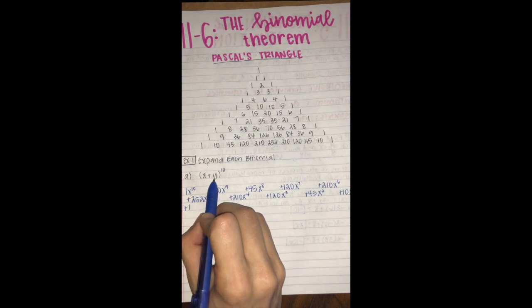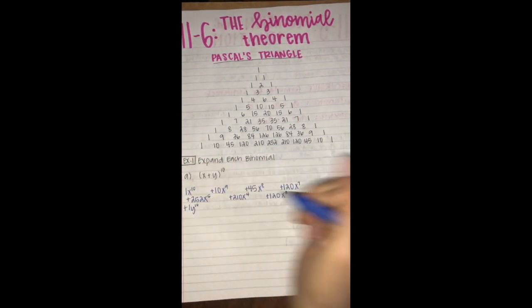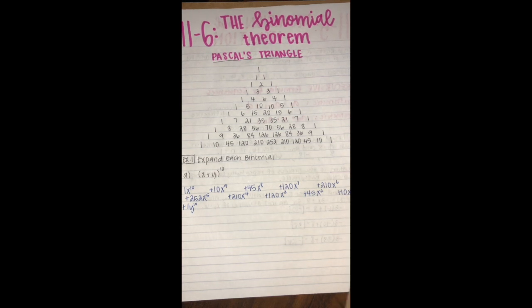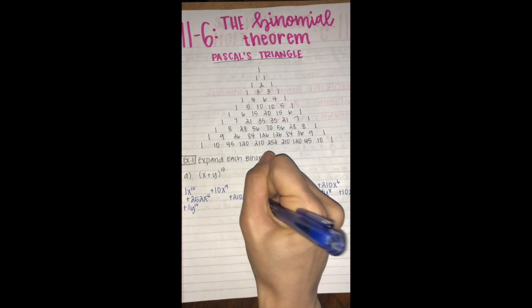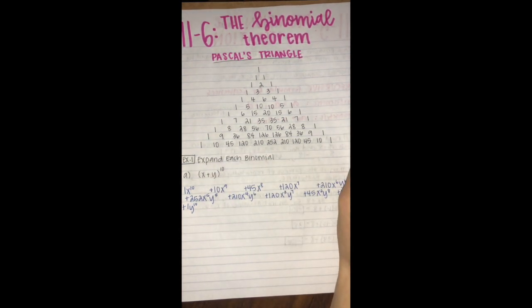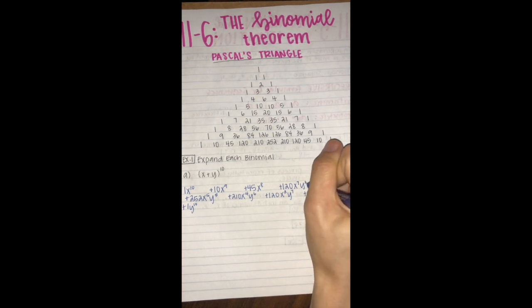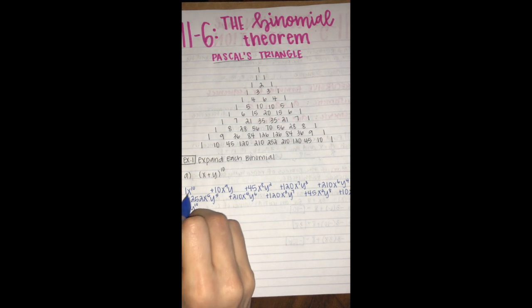Then you do the second term, which is y, and you go backwards, starting at the end: y to the 10th, y to the 9th, y to the 8th, y to the 7th, y to the 6th, y to the 5th, y to the 4th, y to the 3rd, y to the 2nd, y to the 1st, and then y to the 0.